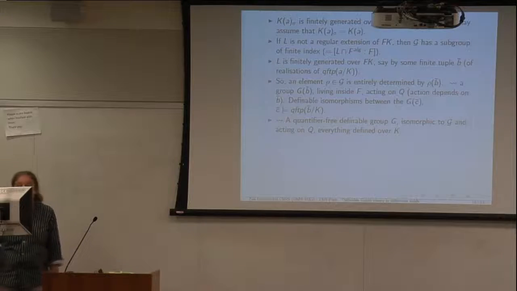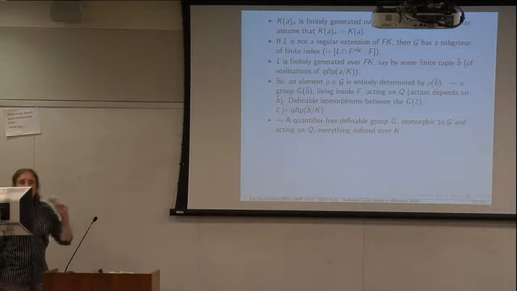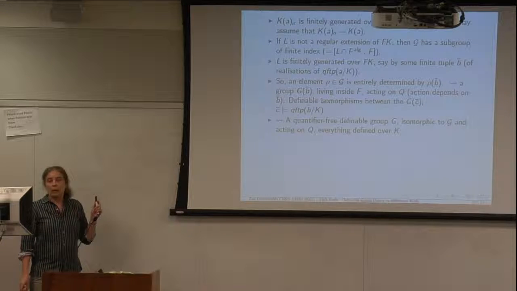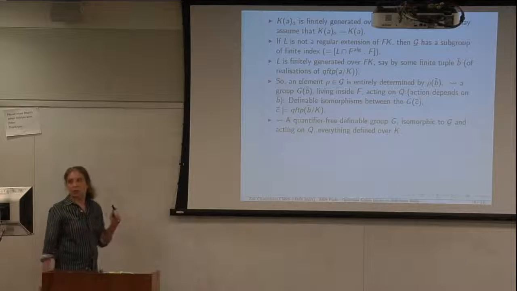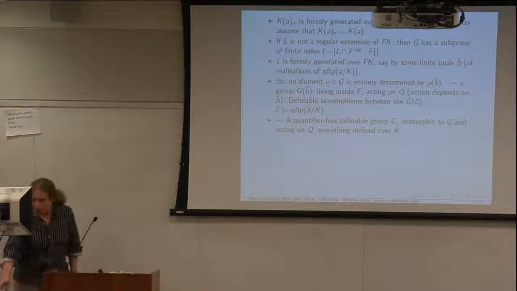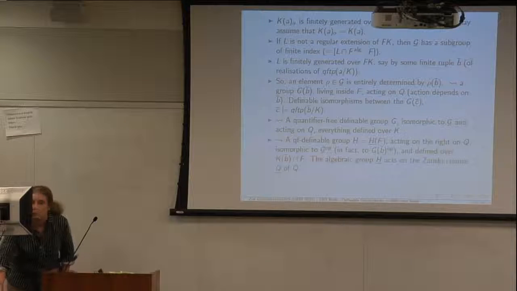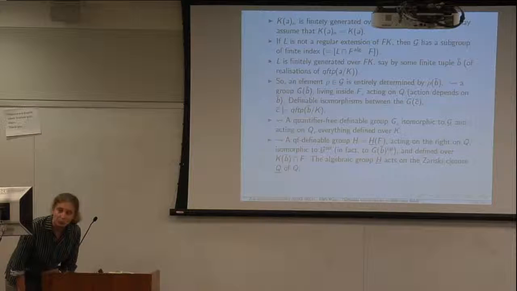And you get, indeed, the quantifier-free definable group G, which is isomorphic to your automorphism group, which acts on Q on the left, with the action and everything being defined over K. Q is the set of realizations of my quantifier-free type. But you have to take into account these independent parameters. No, I'm saying no, this requires some work.